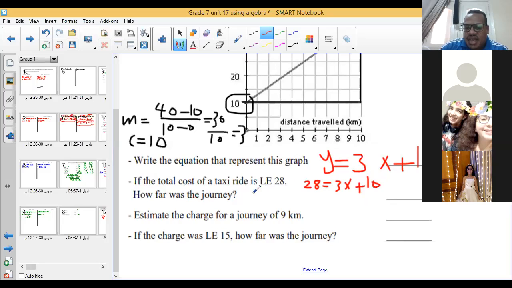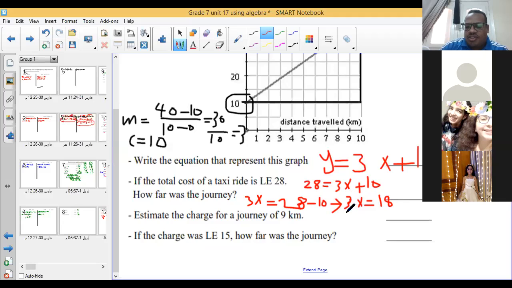I move this 10 to the other side, so 3x equals 28 minus 10, which equals 18.